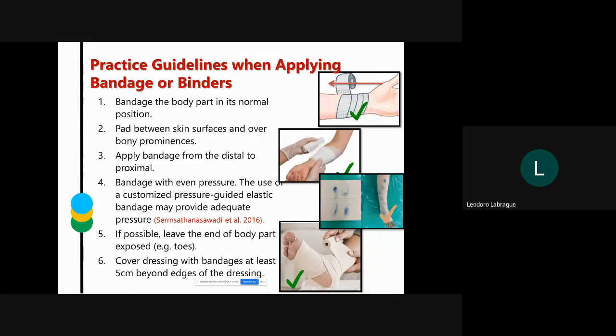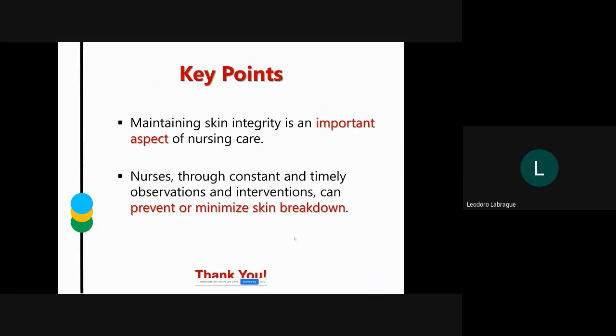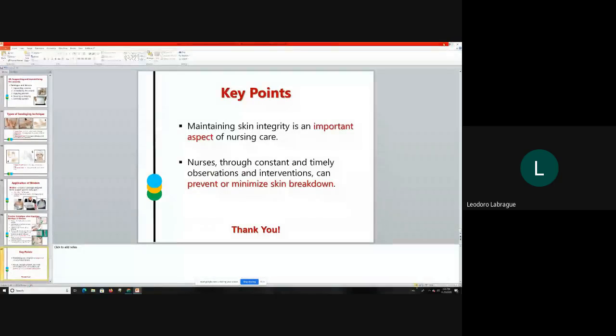Okay? At least 5 centimeters on both edges. Again, you're going to apply those guidelines when you do your bandaging technique in the lab next week or in the following week. Now, I'm done with my PowerPoint.